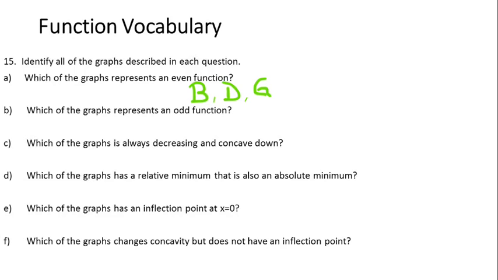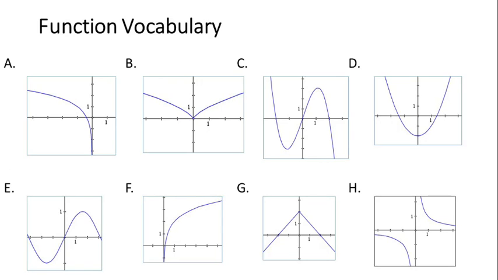Question B asks us which of the graphs represents an odd function. Now an odd function is whenever we substitute in a negative value for x, we're going to get the same number out, but it's going to be the opposite sign. It's going to be negative. What this looks like graphically is what we called origin symmetry. So let's look at our graphs. We're looking for origin symmetry.